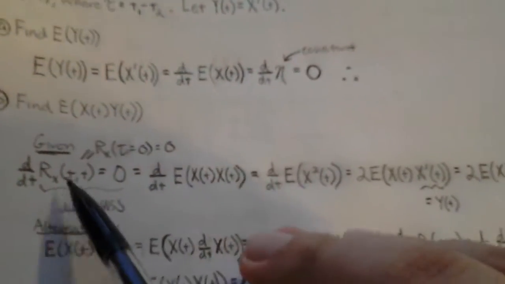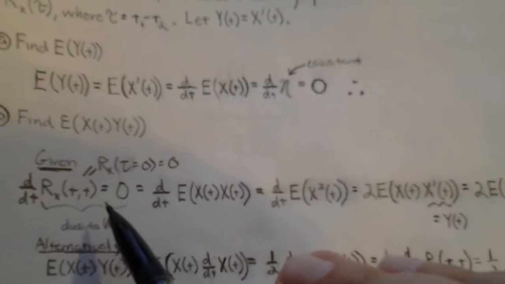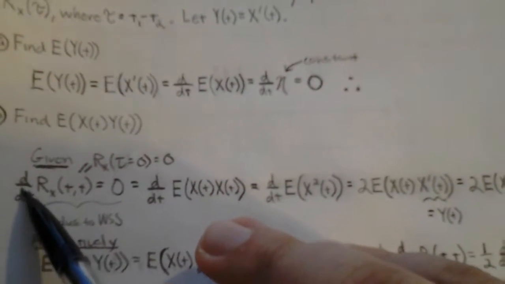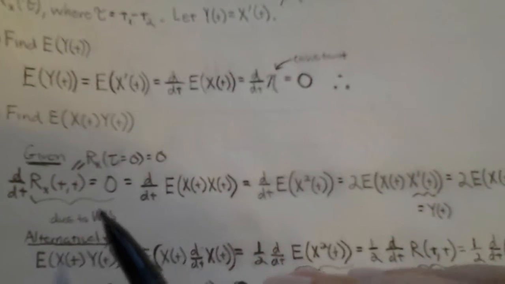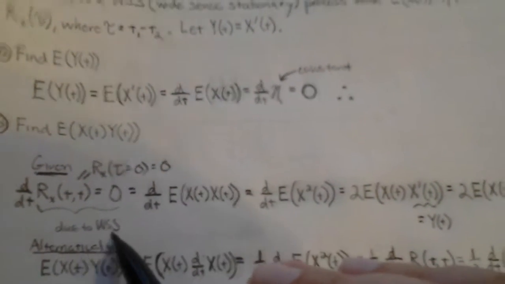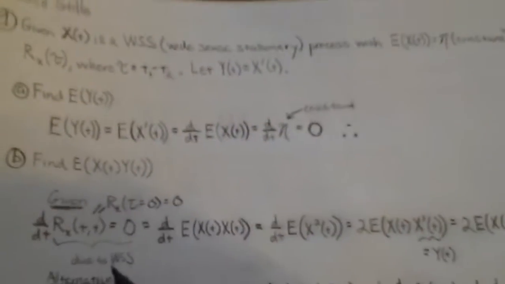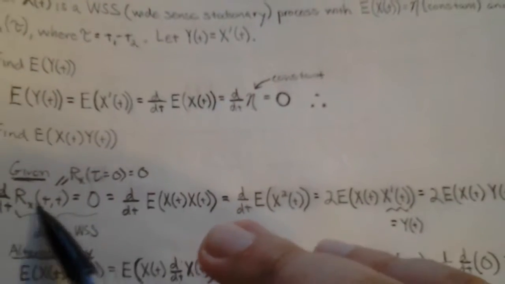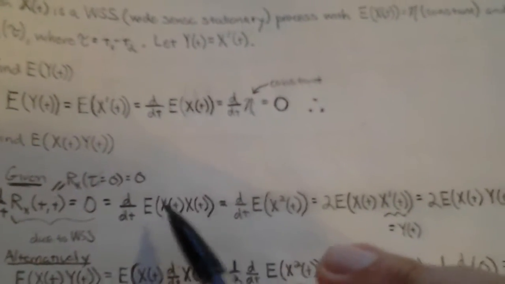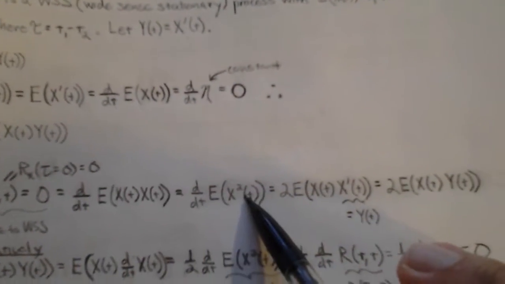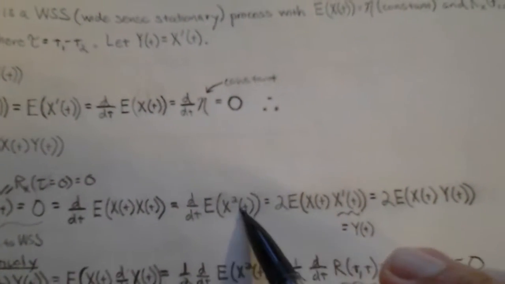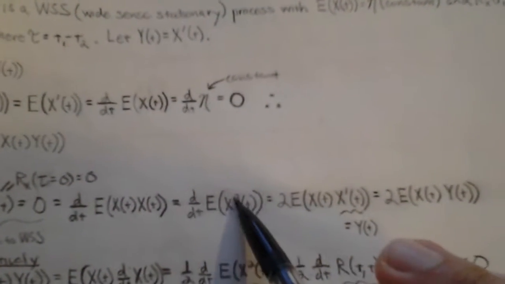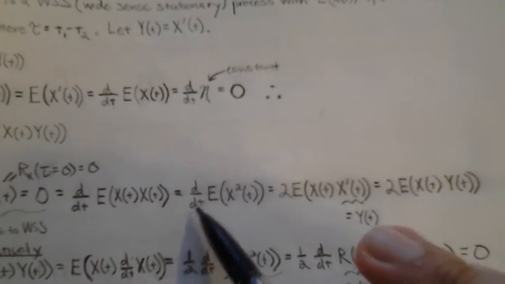Alternatively, we could have started with the autocorrelation term and played it out by definition, using the derivative right here, and we can see how this equates because we're working with wide sense stationary. We could play this out, seeing how this is equivalent to the square of the x term. If we continue like this, we take the derivative, which is 2 times the expected value of x times the derivative of x.